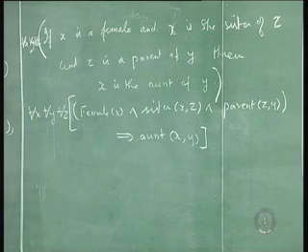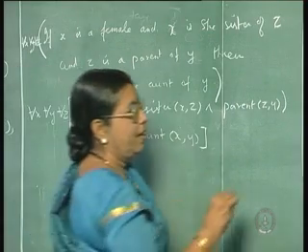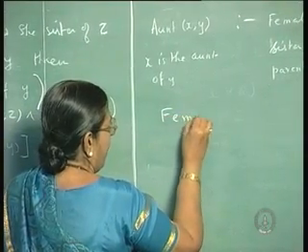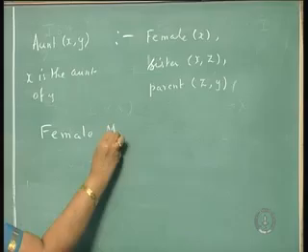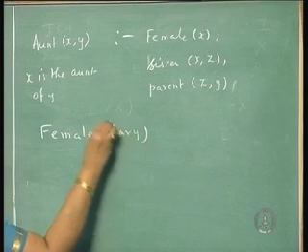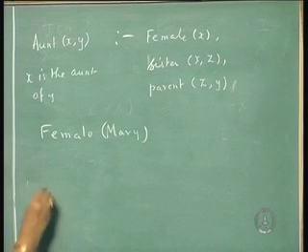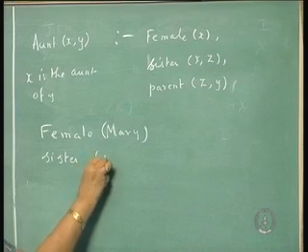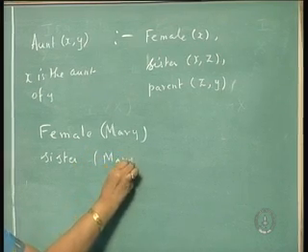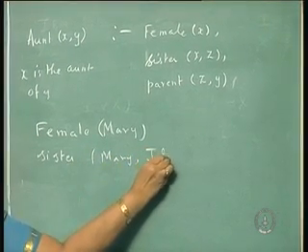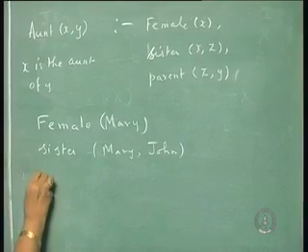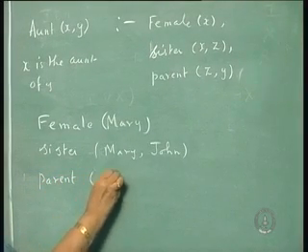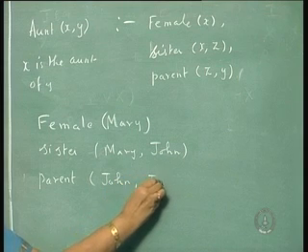Then suppose you have these facts. You have the facts female Mary, sister Mary John, parent John Joseph.